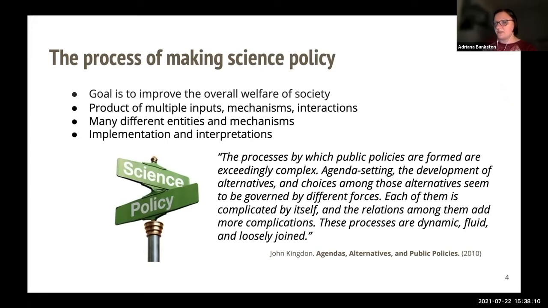There are many different entities, such as executive agencies, congressional committees, and it also occurs through a number of mechanisms, for example, legislation and other ways. The way that policy is implemented is also complicated and occurs on multiple levels. Budget, for example, is one, but that's really only one way to do it.